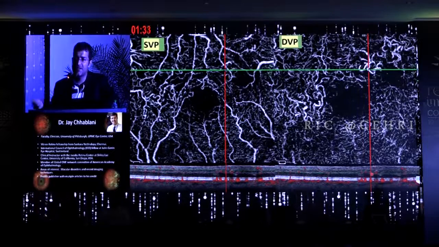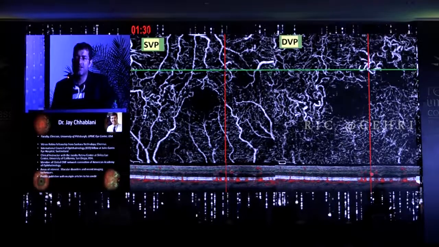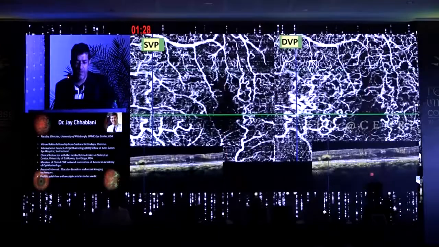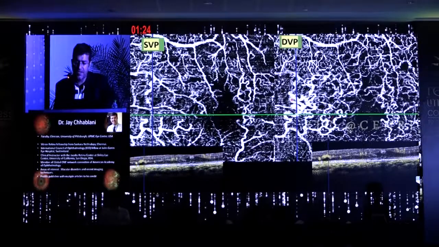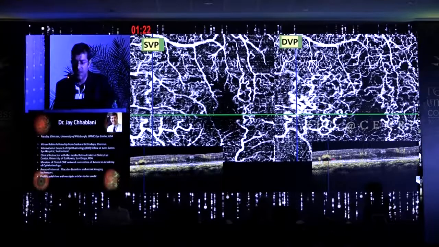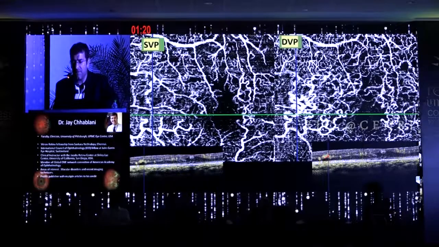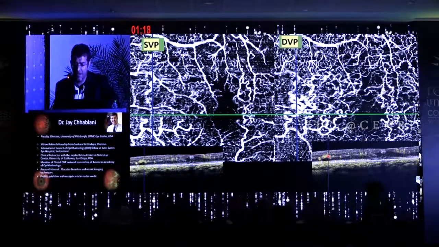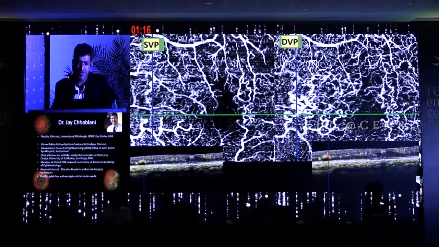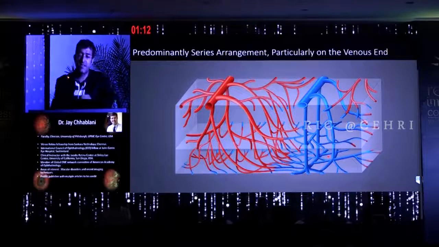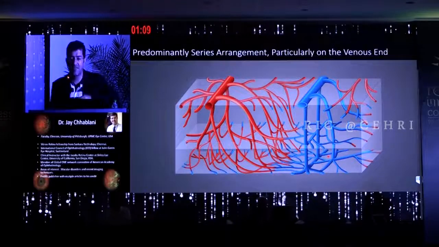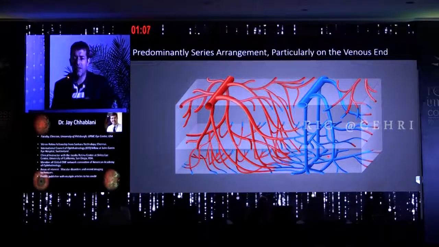That means the collaterals in BRVO are present at the deep capillary plexus. This is another example. Again, this is the collateral which matches with the deep capillary plexus. This is the image where we did the shadow compensation for this paper. This is something which they are proposing, that there is predominantly a series arrangement, particularly at the venous end.